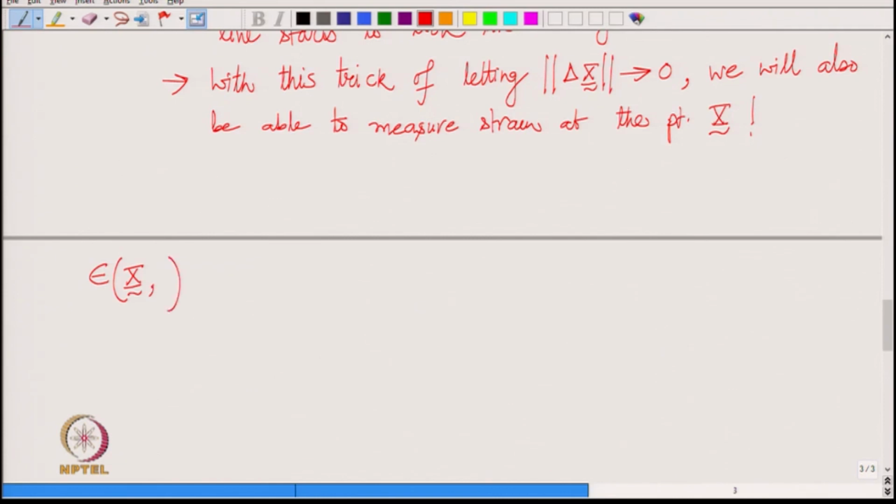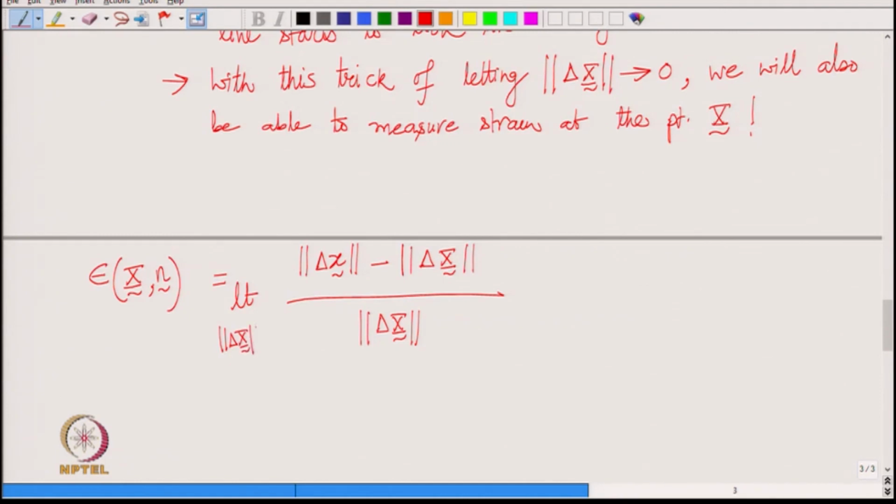So, what we have to find out basically is the strain, for example, at the point big X and let us say some direction n for the line element. We find out the final length, which is delta small x, subtract the original length, which is delta big X, and then divide by the original length delta big X. So, you have to do it and also take the limit delta big X going to 0, is not it.